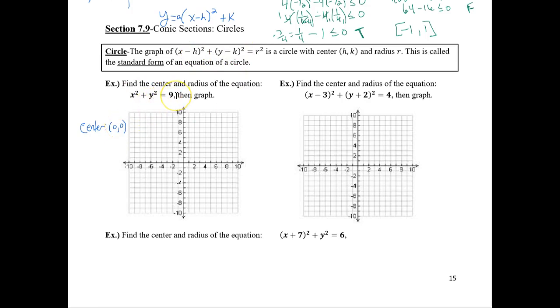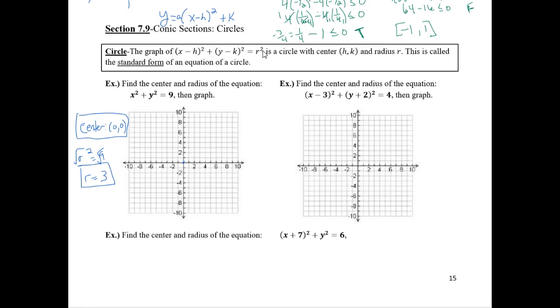And that equals 9, which is supposed to be r squared, right? So r is not 9. R squared equals 9. That means if I take the square root of both sides, r should be 3. Technically plus and minus, but since we're talking about a distance, it's going to be the positive solution because we don't have negative distances.